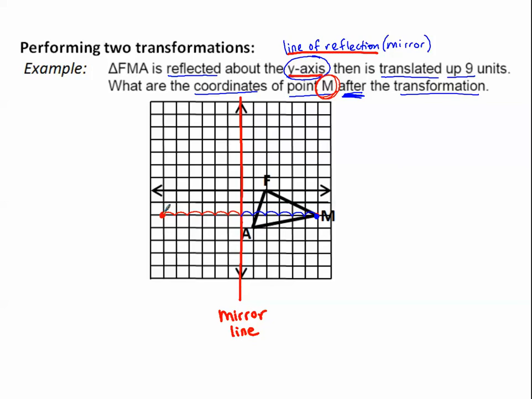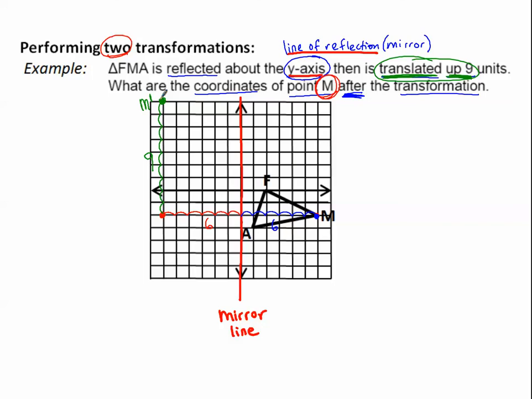But remember, we have 2 transformations. So let's look for the other one. Now we're going to do the translation up 9 units. So from where we stopped, where I did my reflection of 6 in the opposite direction, now we'll do the translation up 9 units. 1, 2, 3, 4, 5, 6, 7, 8, 9. So I went up 9 units, and that's where I land, and M prime is there.